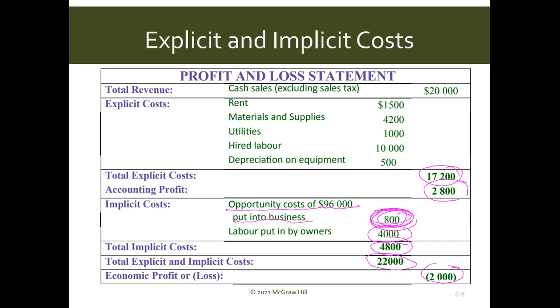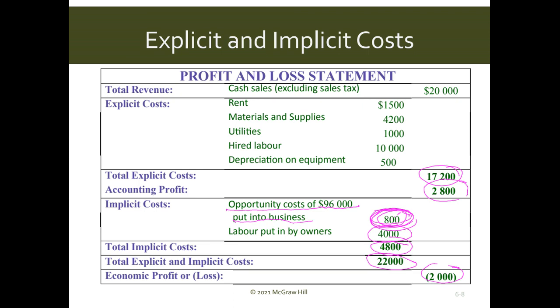So basically what you are earning, $2,000 as accounting profit, but you are giving up 2,000 in implicit cost, and that is why you are incurring a loss of... I'm sorry, why I kept saying 2,000.